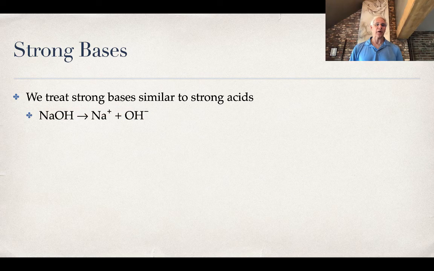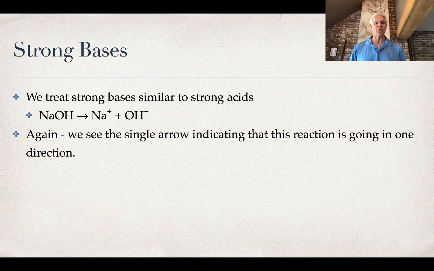As when we had strong acids, we talked about how they dissociate completely, and the same can be said for our strong bases as well. We see here we have sodium hydroxide, and we see again that single arrow that we had with the strong acids. That single arrow indicates that we have just one reaction going in one direction, just towards the products.